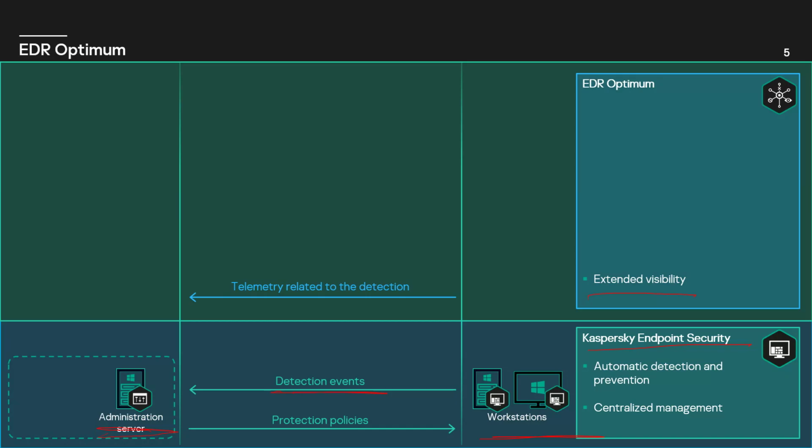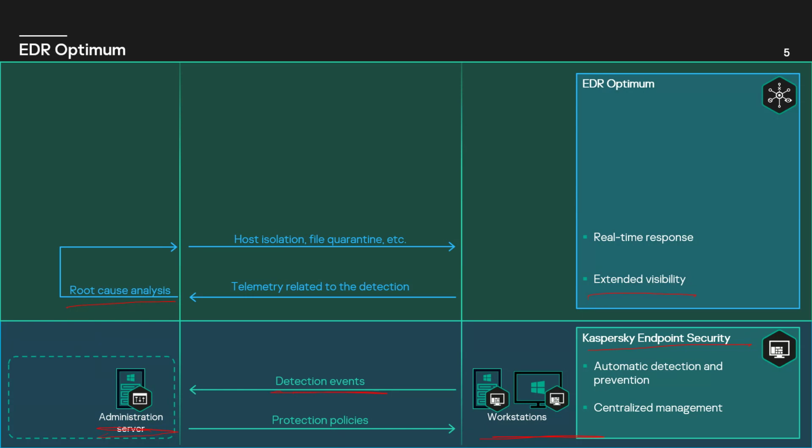It sends the telemetry around the detected object to the administration console. The administrator, using the administration console, can do some preliminary analysis using root cause analysis. It is actually part of Kaspersky Next EDR Foundations.